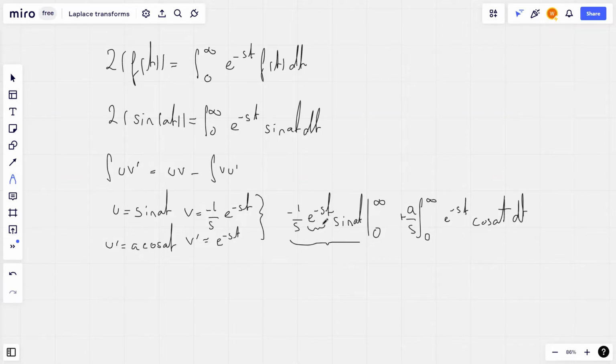So when t approaches infinity, we get 0, and when t approaches 0, sine of at also approaches 0, whereas this approaches a finite value. Hence we may conclude that this whole thing is just 0 plus a over s of this integral.